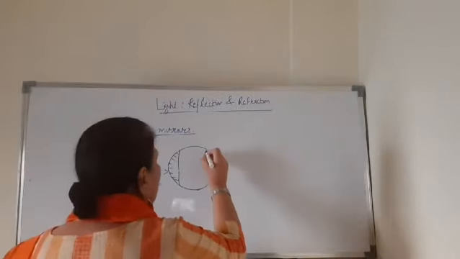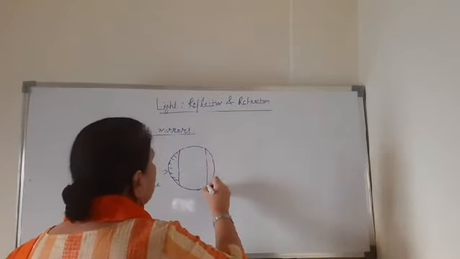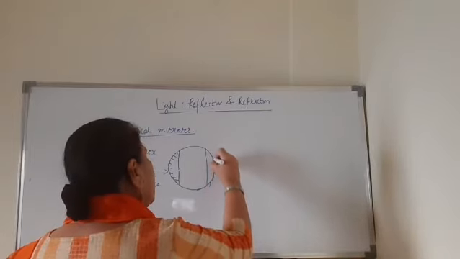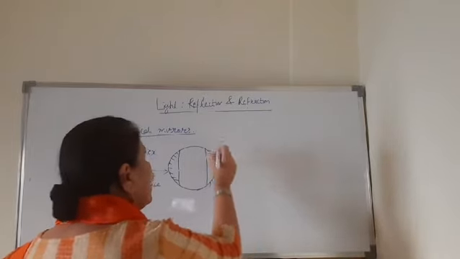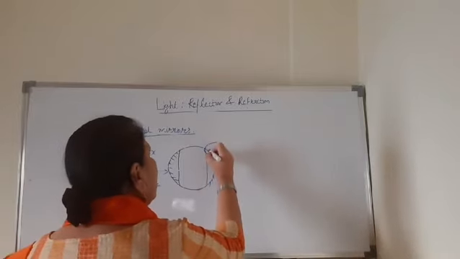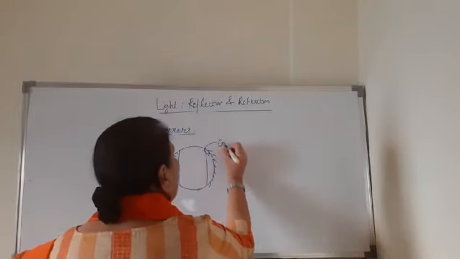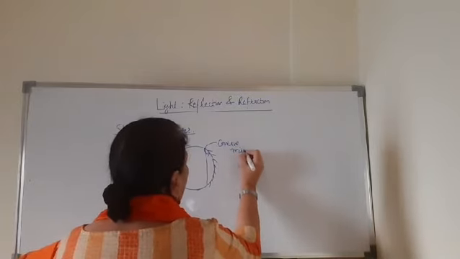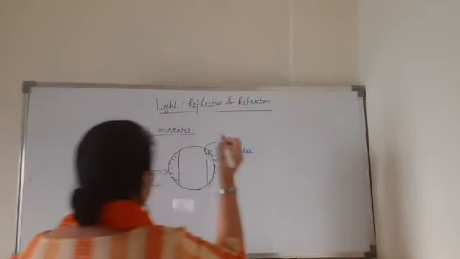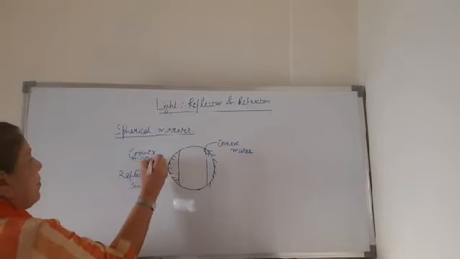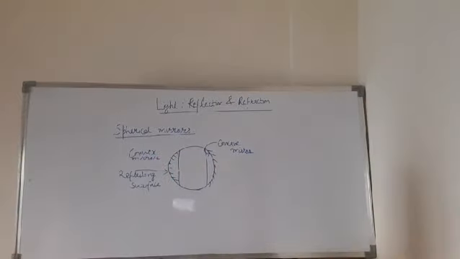Whereas if I cut this part and paint this part so that this is the reflecting surface, this will be my concave mirror. This is the convex mirror, right?